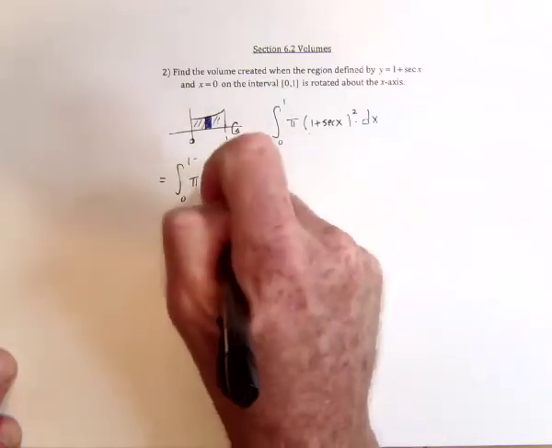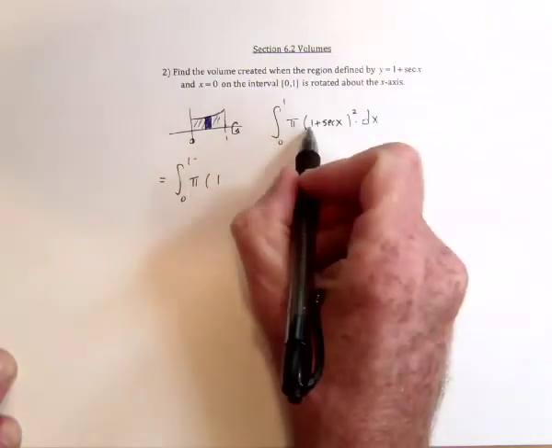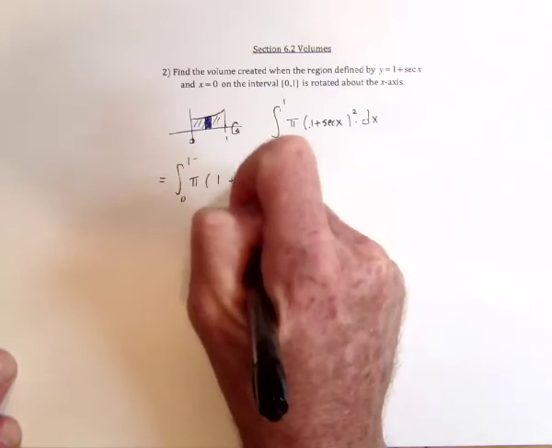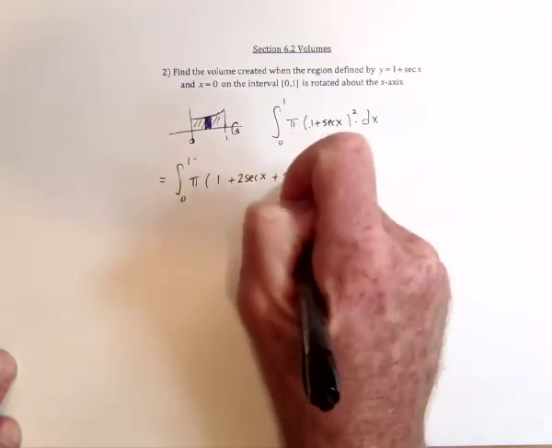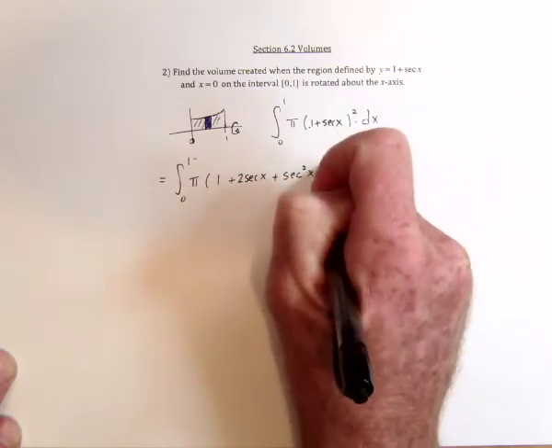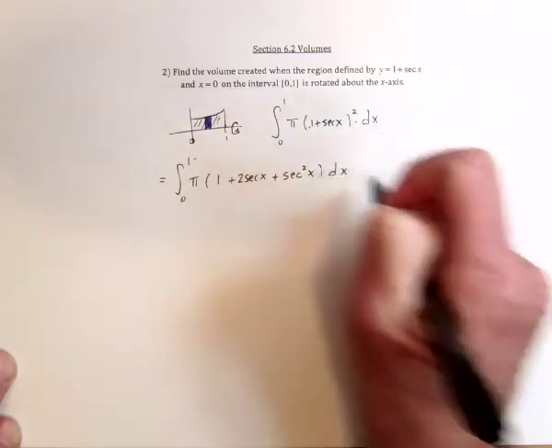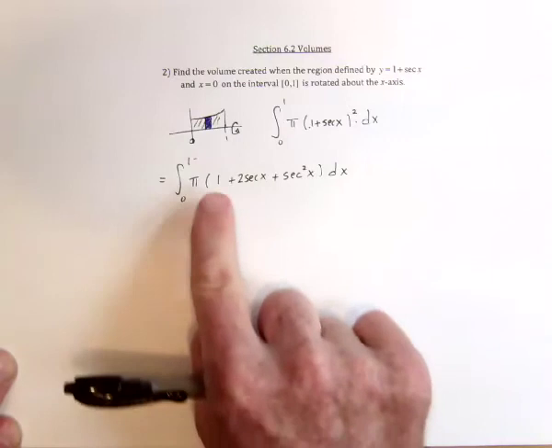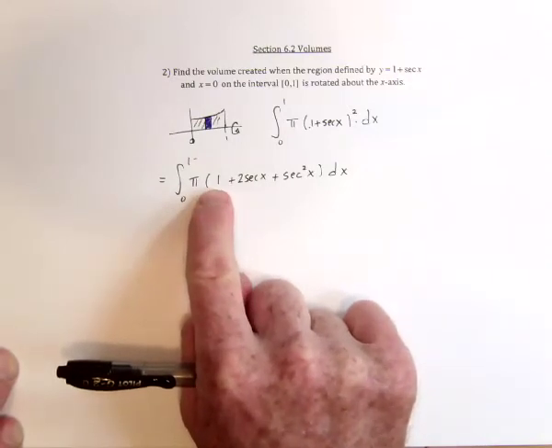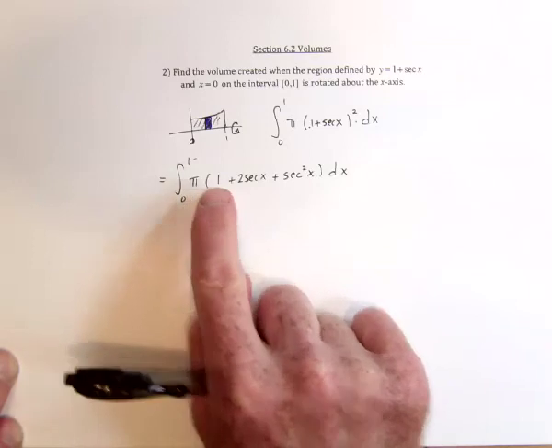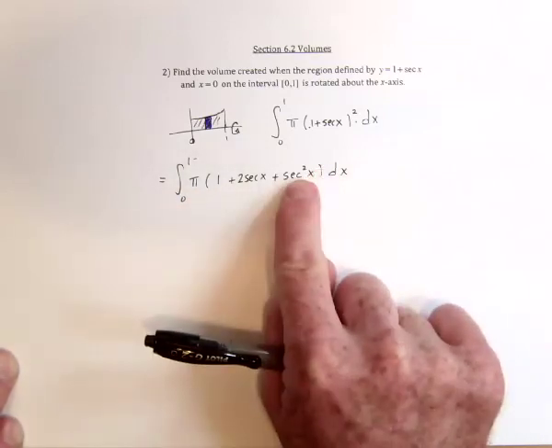So it's going to be 1 squared, then this times this doubled, 2 secant of x, and then plus secant squared. Well, this one's good news because the antiderivative is just going to be an x. The derivative of tangent is secant squared, so the integral for this is going to be tangent, not a problem.